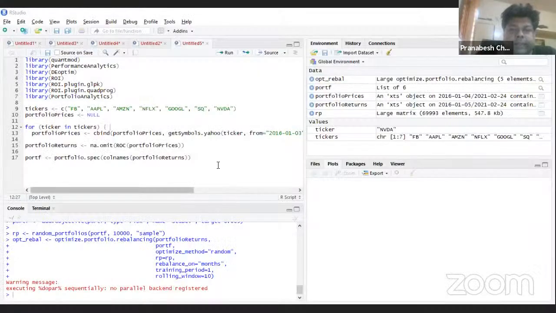Good. So we reached up to this stage yesterday, where we had created the portfolio specifications, right?